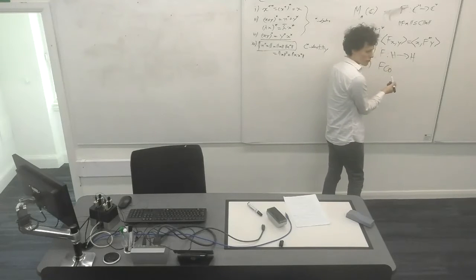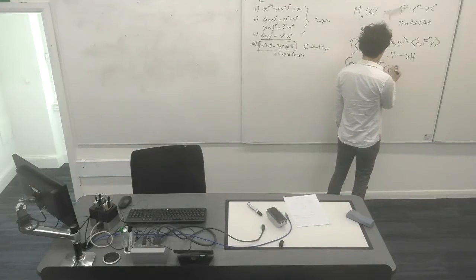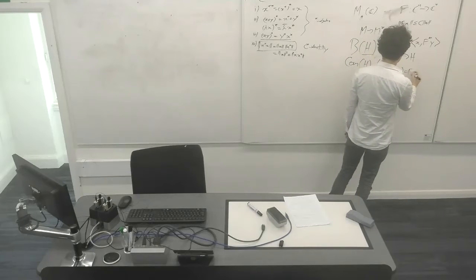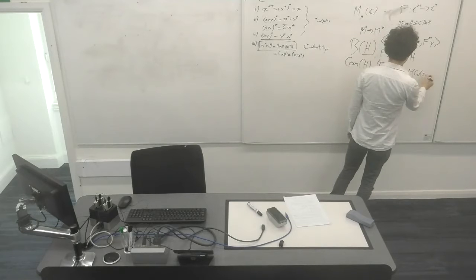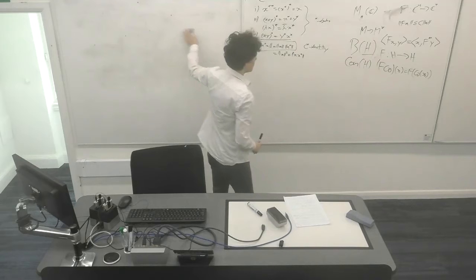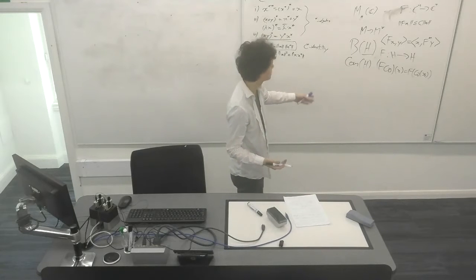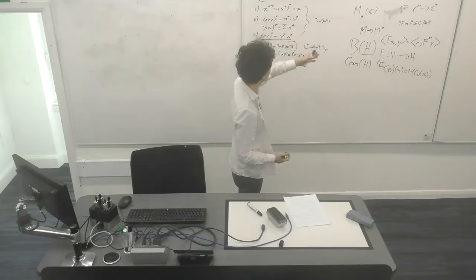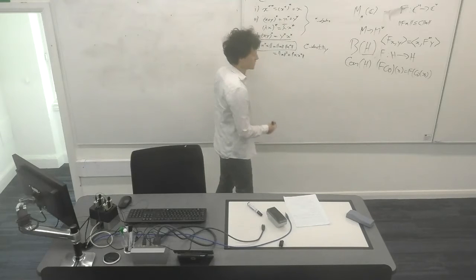FG, the multiplication, is just normal pointwise: FG of x equals F of G of x. It is a ring.